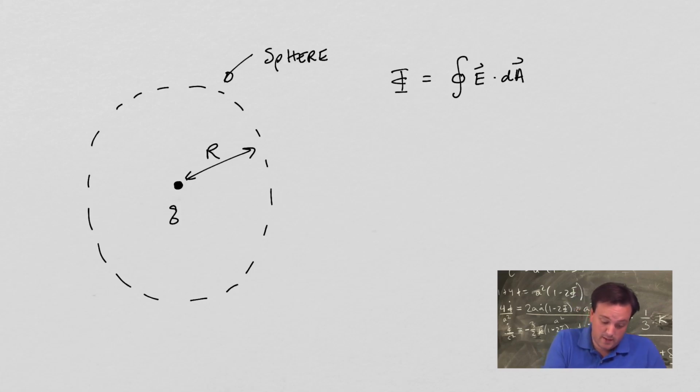I have to be a little bit careful because my outward pointing normal, right, is always going to be in the r hat direction, right? It's always going to be pointing outward in spherical polar coordinates. And I also know that a little bit of this area, dA, is going to be given by, well, what's the fractional part of the total surface area?